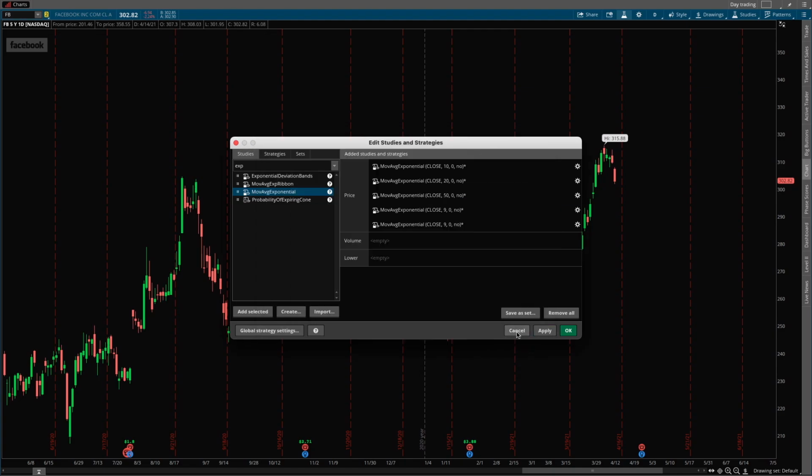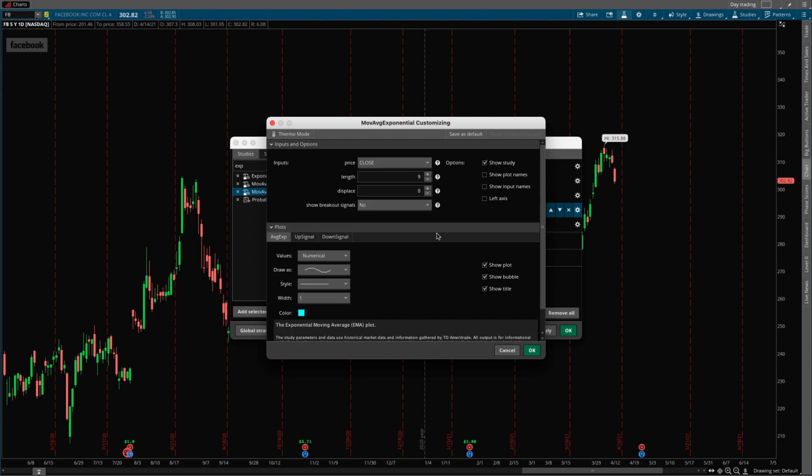The 50 EMA is one of the moving averages that a lot of traders look at. Usually, if the price crosses below it, or they can look at it as a support or a resistance level in the chart. So if we're going to make it stand out, we can use that. The next one is going to be 100.